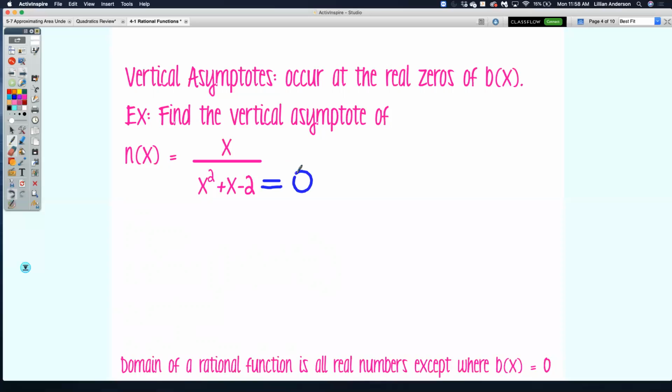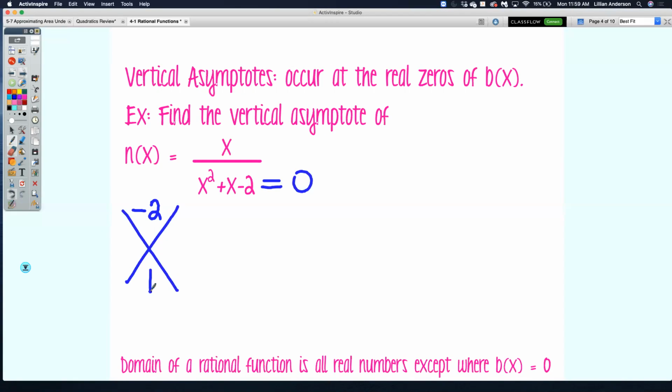To solve a quadratic, you want to factor. More than likely, I'm talking about 99% of the time, it's going to be factorable, okay? So to factor this, I'm looking for two numbers that multiply to -2 and add to give you 1.